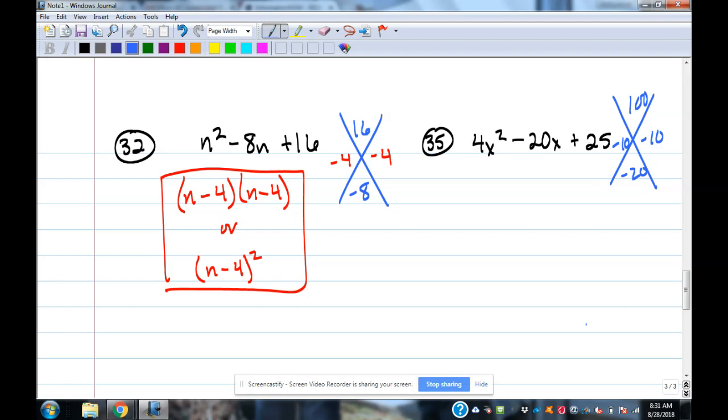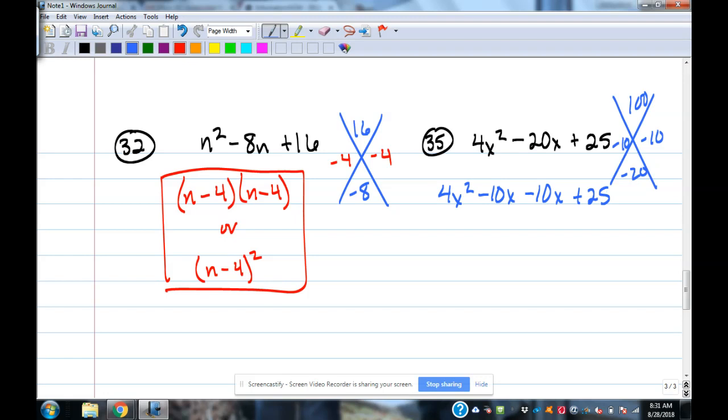No. Why not? That 4 in front of x squared makes me have to do the grouping stuff. So I've got to replace that middle term with a negative 10x and another negative 10x. So I'm rewriting it as 4x squared minus 10x minus 10x plus 25. Anytime there's a number in front on a trinomial, that's what I've got to do.